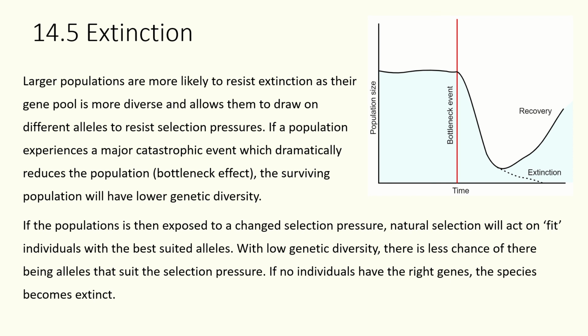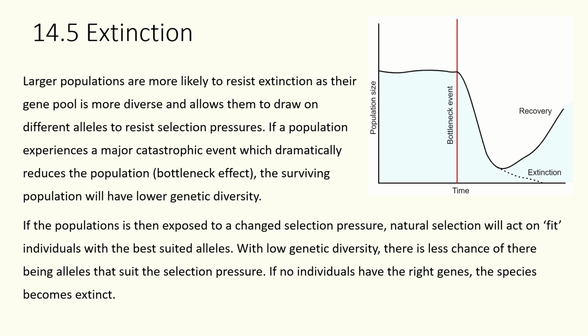So the surviving population has lower genetic diversity, and if they're exposed to a following selection pressure change, then natural selection will act on the fit individuals that are best suited. But if you've got low genetic diversity after a massive catastrophic event, then it's more likely that more of the individuals are not going to have the right genes. And so the species faces extinction.